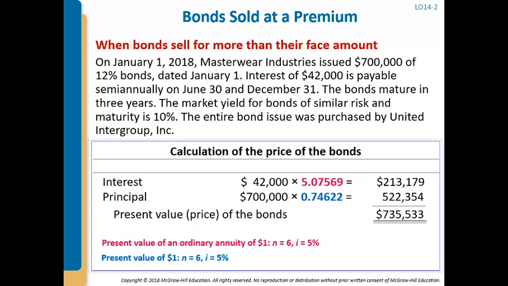All right, you don't see this very often, but sometimes you'll see bonds sold at a premium. So when market rates are below the stated rate of interest, you're going to have lots of people wanting your bonds, so you can actually sell it for more than the face value. If you have that situation, you're going to use as your market rate, or the required rate of return, the market rate again, not the stated rate.